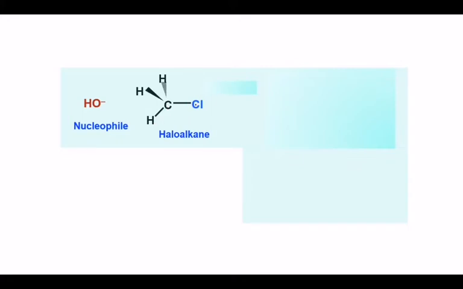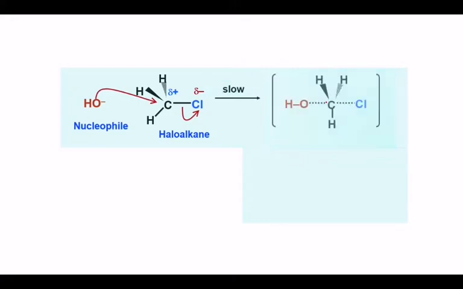So C-Cl bond saya akan tunjuk dia macam ni, and what will occur at the first step is this nucleophile do the backside attack toward this carbon that makes the C-Cl bond break, and it involves a slow step to form the transition state.